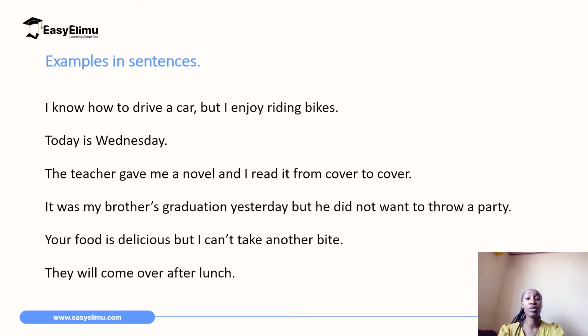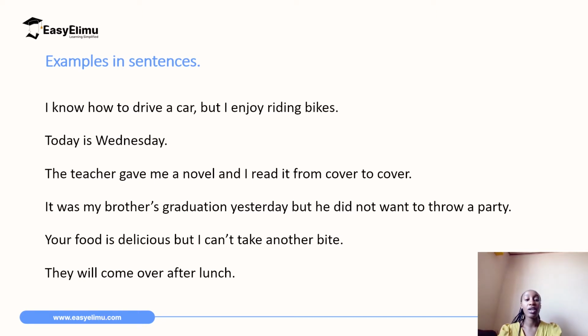So we are going to look at some sentences and attempt to identify the independent clauses in these sentences. The first sentence: I know how to drive a car, but I enjoy riding bikes. When you look at the first part of that sentence, I know how to drive a car, I is the subject, drive is the verb.